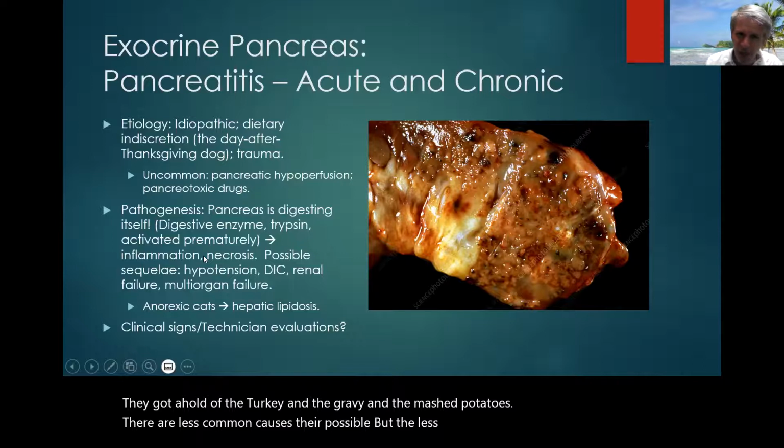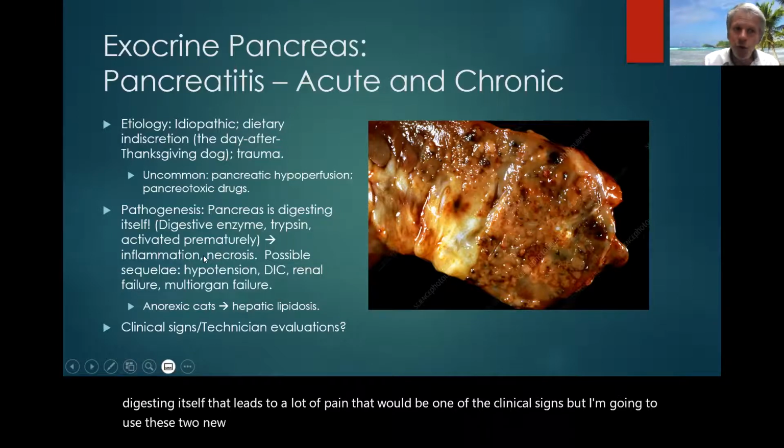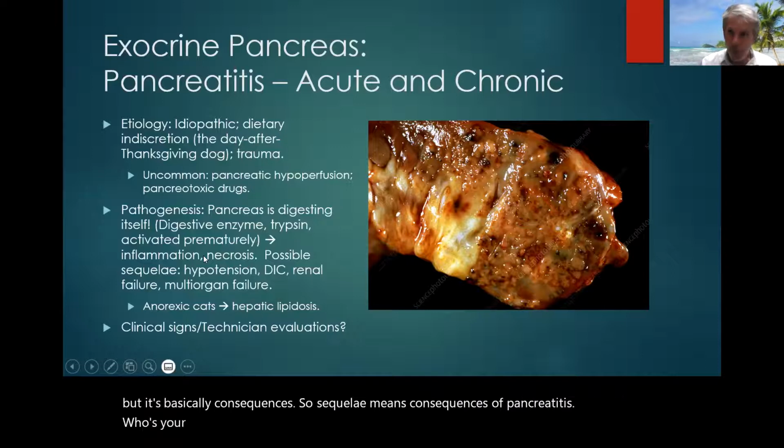As I said, the pancreas is digesting itself. That leads to a lot of pain, which would be one of the clinical signs. But I'm going to use two new terms. One is sequela, or maybe it's pronounced sequelae. I don't know, but it's basically a consequence. A consequence of pancreatitis is your patient can develop low blood pressure.